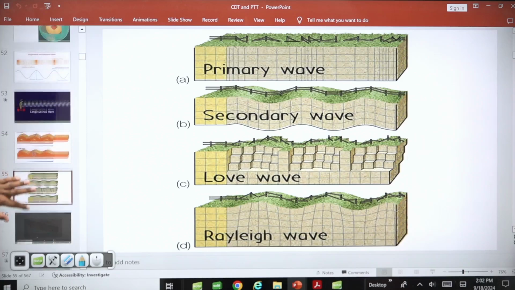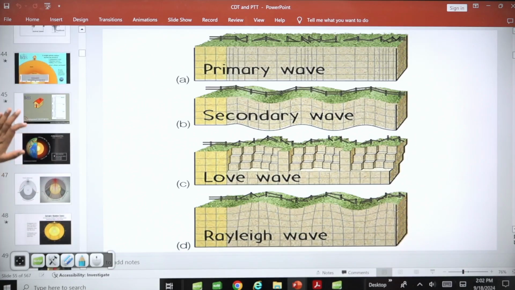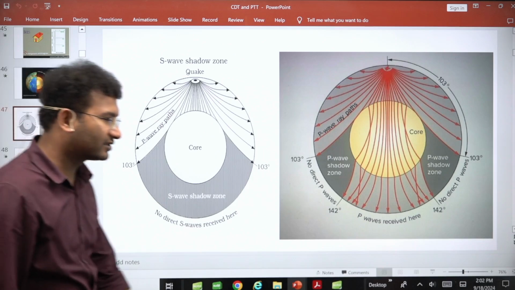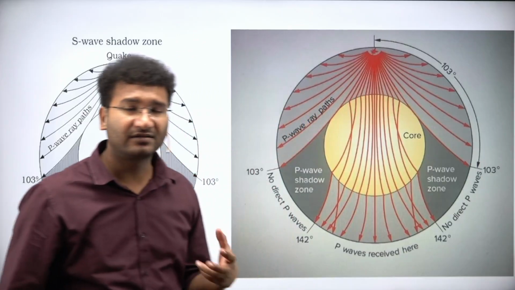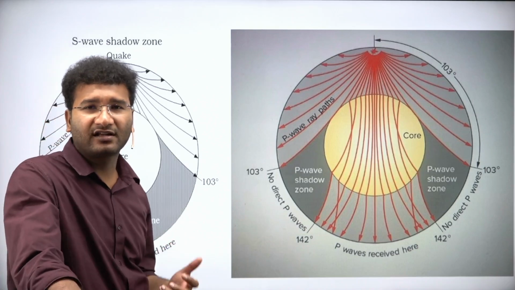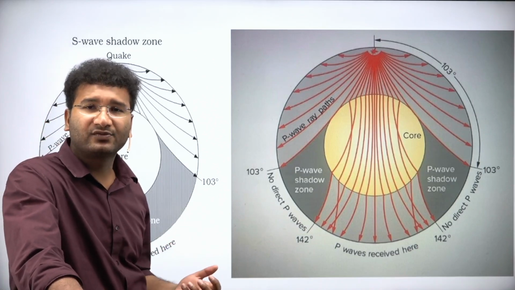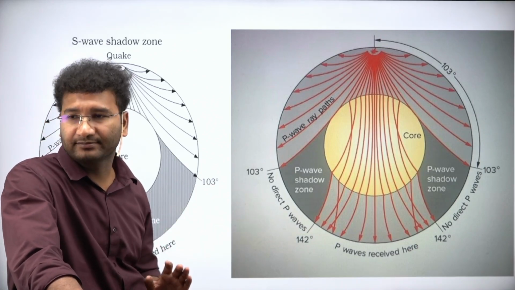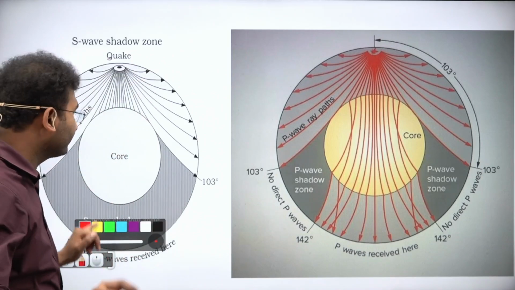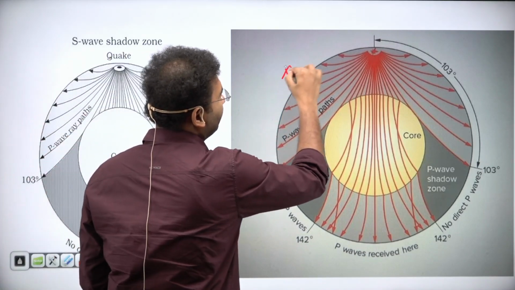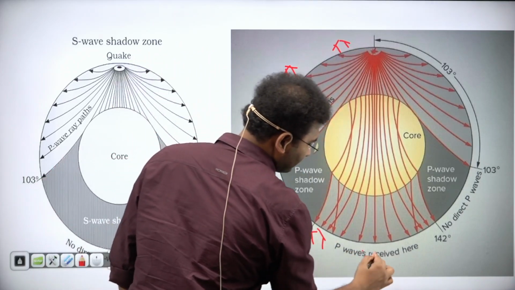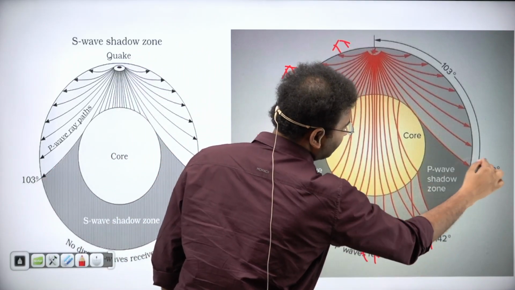So the scientific community worked upon this, and we got to know that there are some shadow zones. Now look at this. What are these shadow zones? These shadow zones are none other than the places where the waves were absent. I told you that the entire earth is now covered with seismographs.